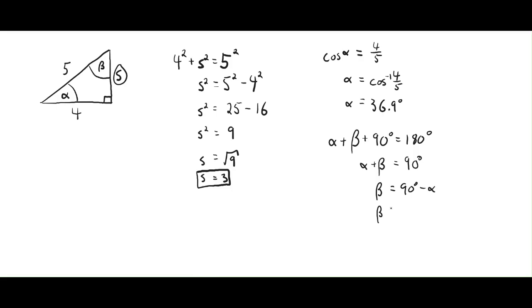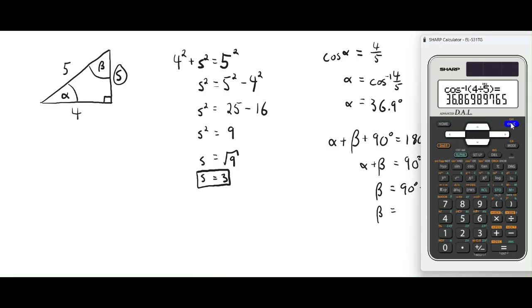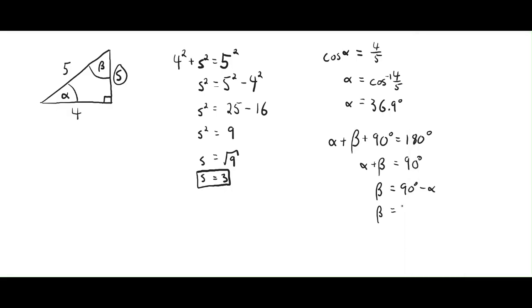Beta equals, let's do that on our calculator, 90 minus 36.9. All right, so 53.1 is our answer. 53.1 degrees.